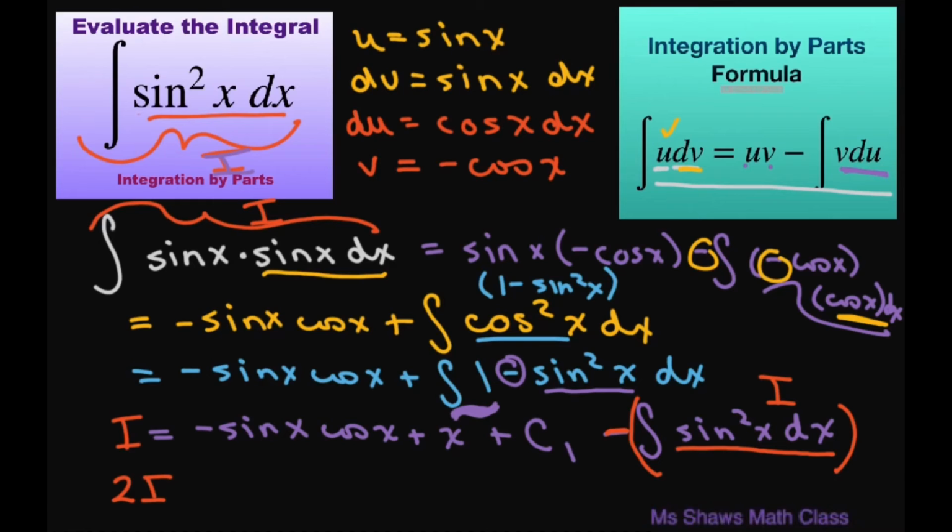So then the 2I would equal negative sine of x cosine of x plus c1.